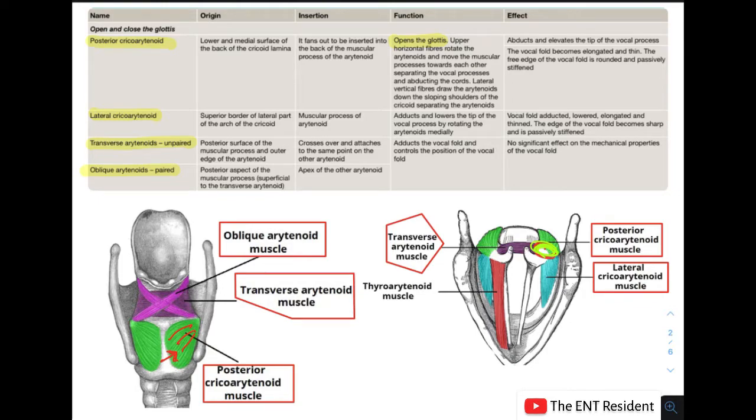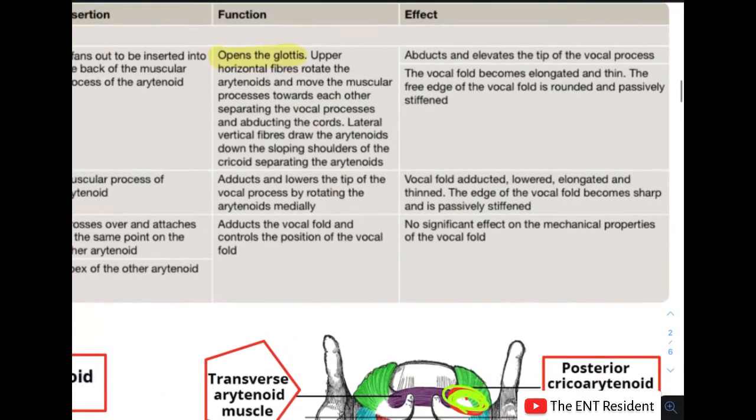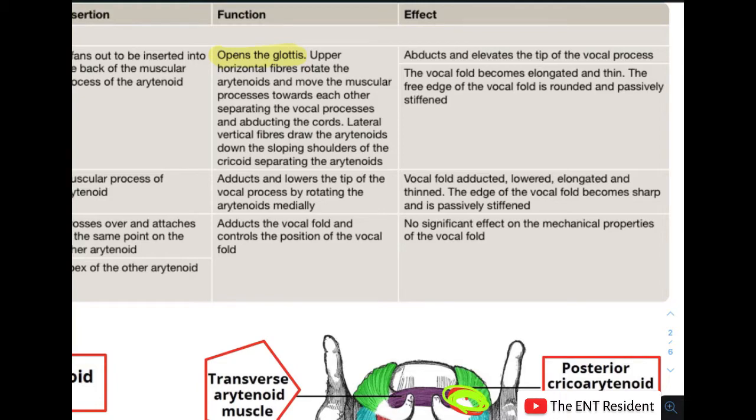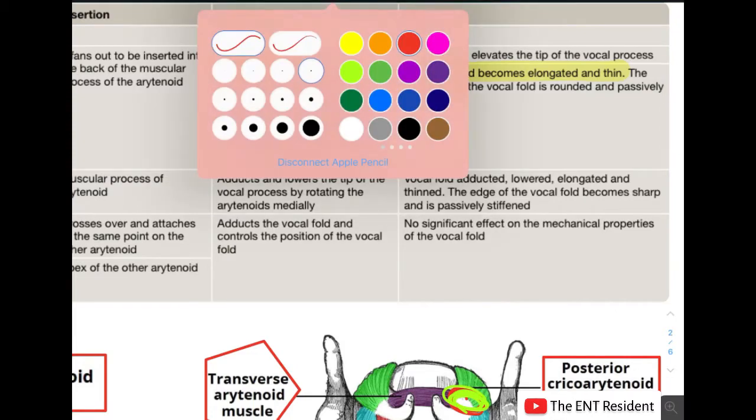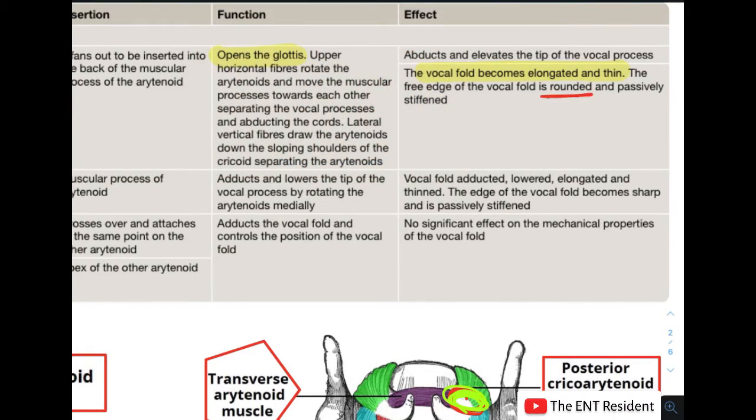The posterior cricoarytenoid abducts and elevates the tip of the vocal process. What happens because of this is that the vocal fold becomes elongated and thin, and the free edge of the vocal fold becomes rounded and passively stiffened.